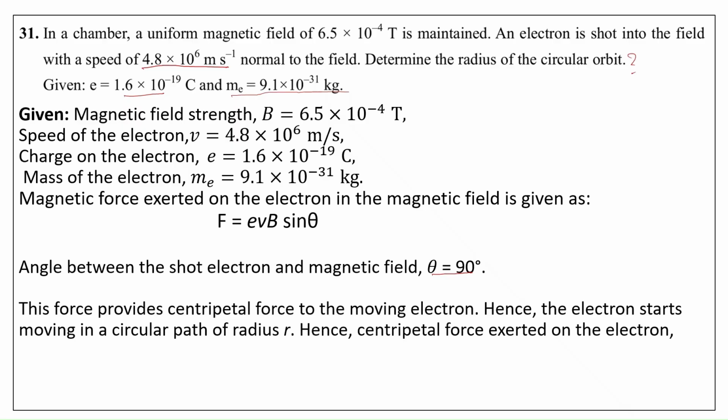So, this force provides the centripetal force to the moving electron. Hence, the electron starts moving in a circular path of radius r. Hence, the centripetal force exerted on the electron is Fe = mv² / r.